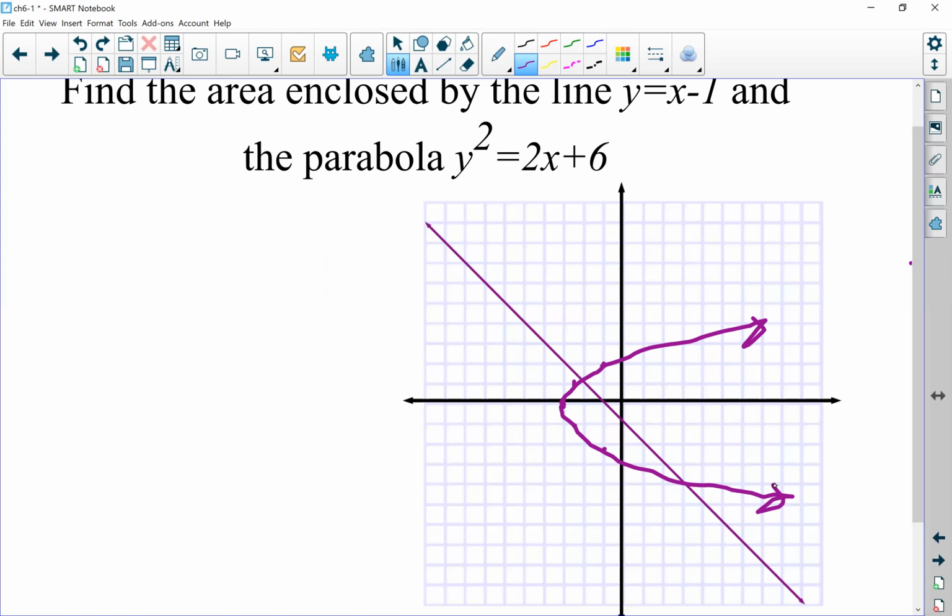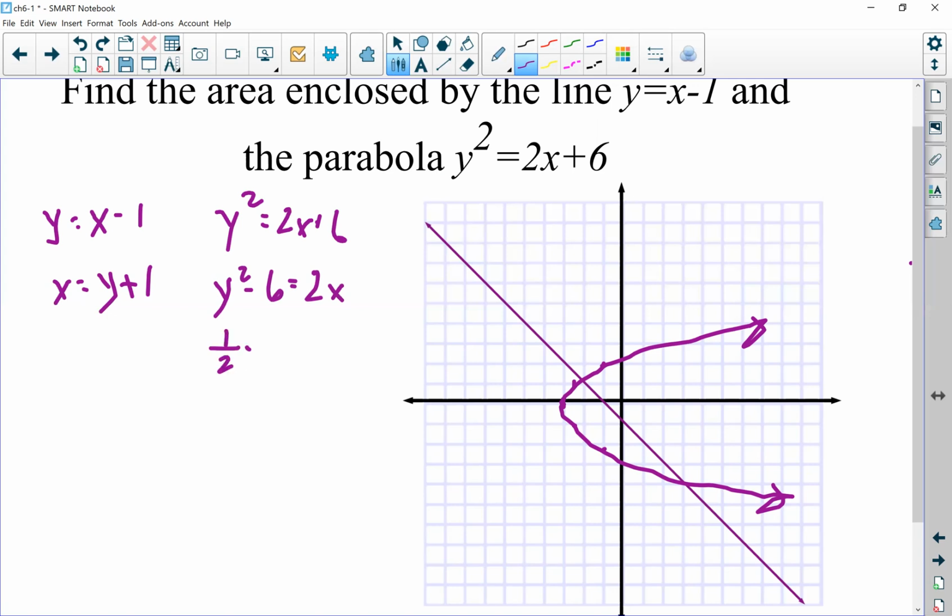So if I do solve these both for x, I would get those two functions, x equals y plus 1 and 1/2 y squared minus 3 equals x, or x equals 1/2 y squared minus 3. And I still need to find my points of intersection.